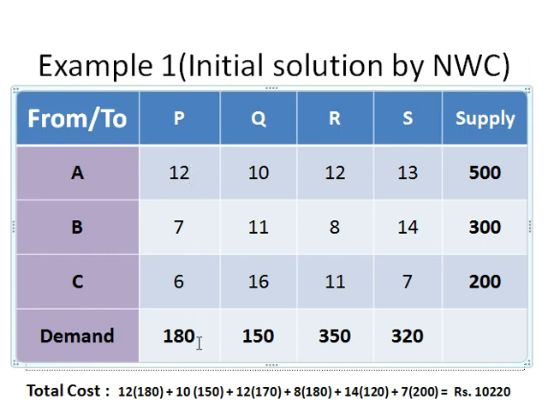Whatever demand we have, 180, and supply 500, out of these two the minimum value is 180, so we'll allot 180 here, and this demand will be satisfied.